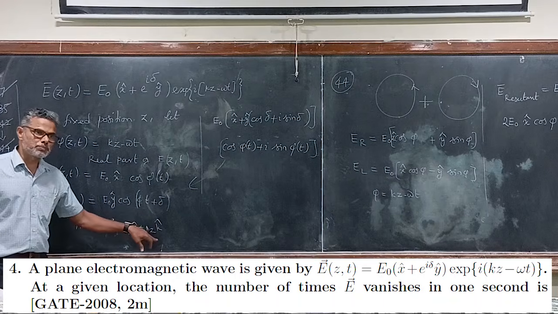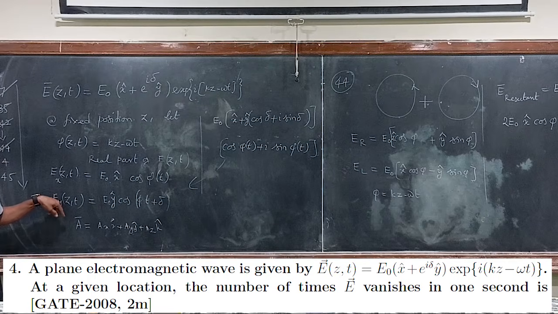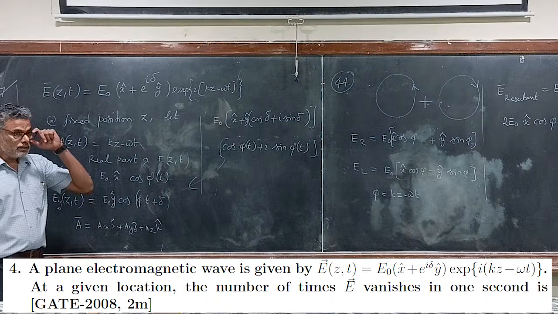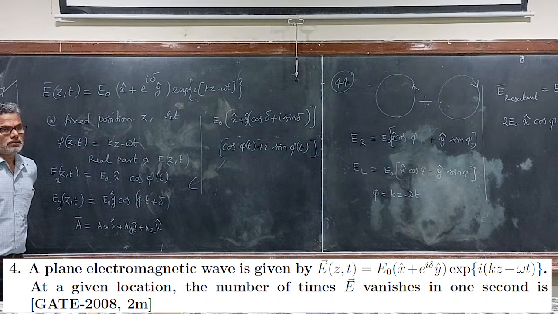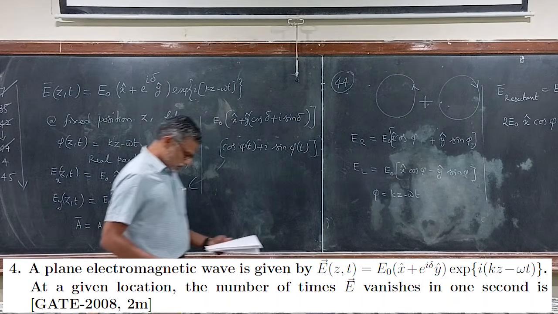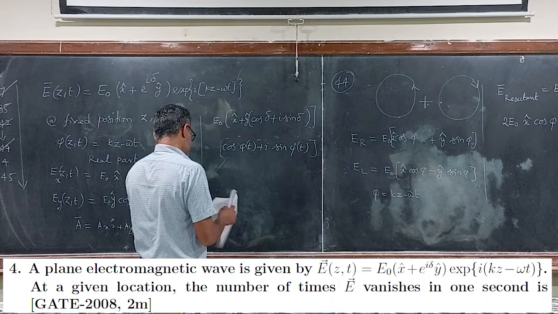Your Ax, Ay, Az must be 0. When I say E is vanishing, that means your x and y components must vanish. When will it vanish? Whenever your phi of t becomes 90 degrees, so in those cases both components of E should vanish.